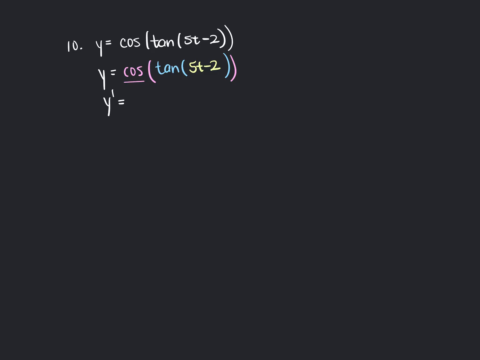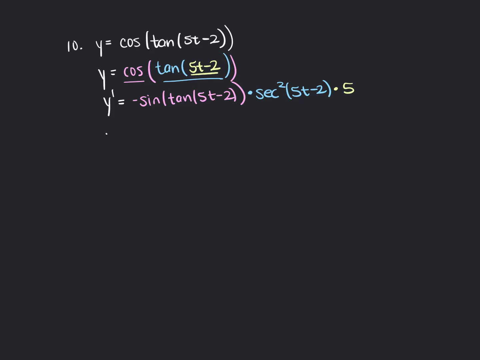So the derivative of cosine of something is negative sine of something. Keep working your way inside. The derivative of tangent of something is secant squared of something. Lastly, the derivative of 5t minus 2 is just 5.